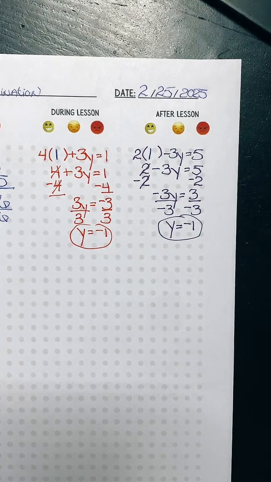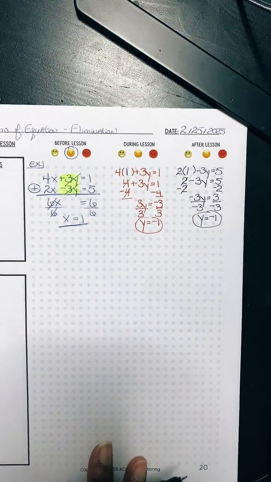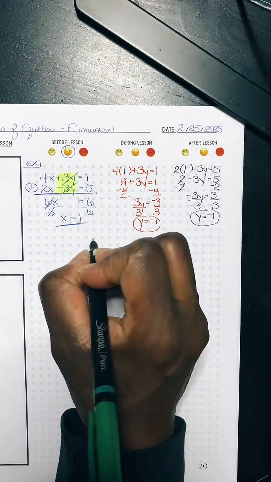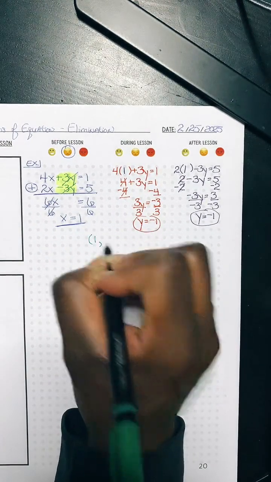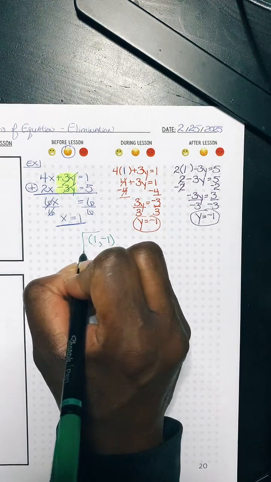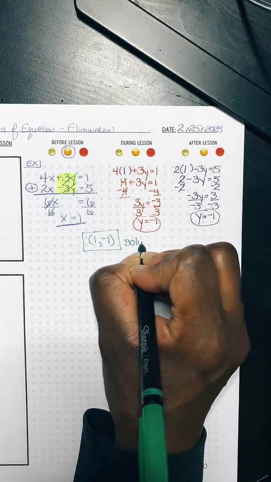What is that magical point of intersection when those two lines intersect, they cross? Okay, so we have our x value, which is 1, and our y value, which is negative 1. So this is going to be my solution.